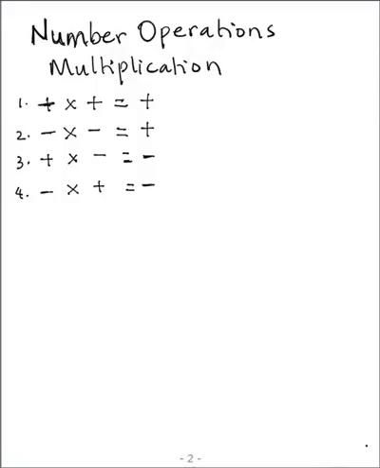Plus times plus equals plus, and minus times plus equals minus, and plus times minus will give us minus, and we will take them one at a time. So let's look at a series of examples to really help us to become more familiar with this operation.